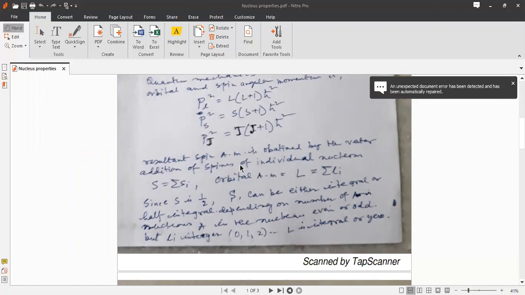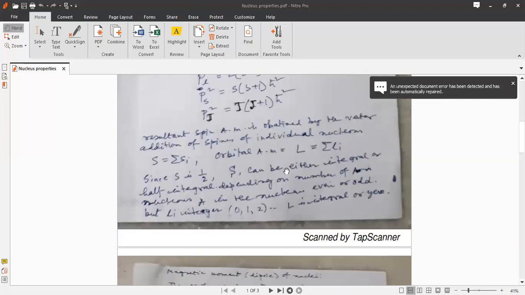This is a very simplified picture, but we consider that the total spin angular momentum will be the summation of the spins of all component nucleons. Similarly, the total orbital angular momentum L will be the summation of the angular momenta of all components of the nucleus, that is, protons and neutrons.